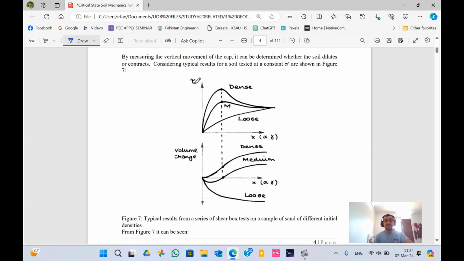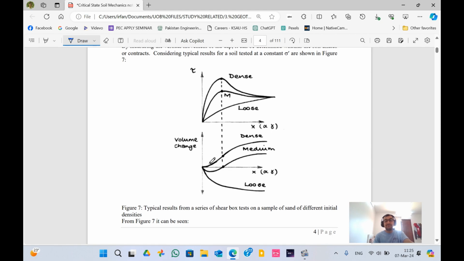Here is shear stress against shear strain, and if you talk about dense soil, it will go up, which is the behavior we have already seen. It reaches the peak and then starts disintegrating.